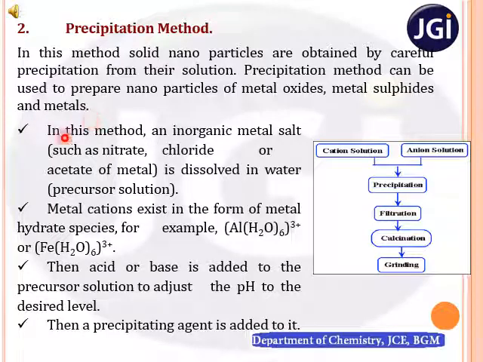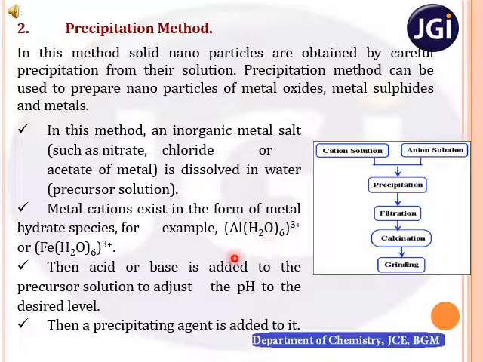In this method, an inorganic metal salt such as nitrate, nitrite, chloride or acetate of a metal is dissolved in water, and we call this the precursor solution. By dissolving in water, metal cations will exist in the form of metal hydrated species. For example, the aluminum cation exists in water as aluminum hexahydrate in the 3+ oxidation state.